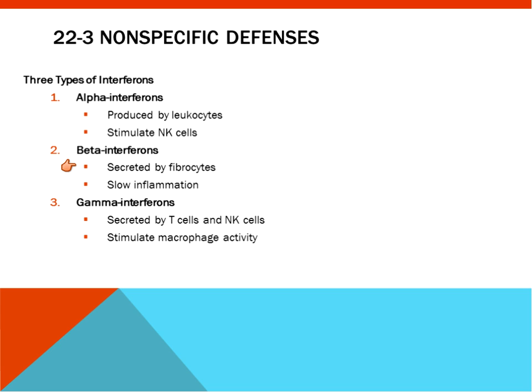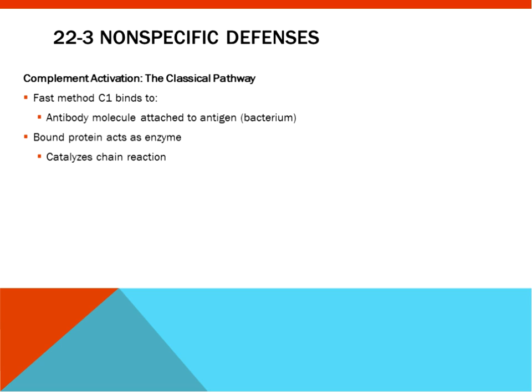So we have measures in place to slow down inflammation, and beta interferons are one of those measures. Gamma interferons, secreted by T cells and natural killer cells, are going to stimulate phagocytic activity.